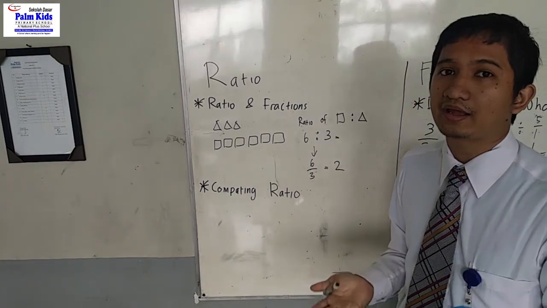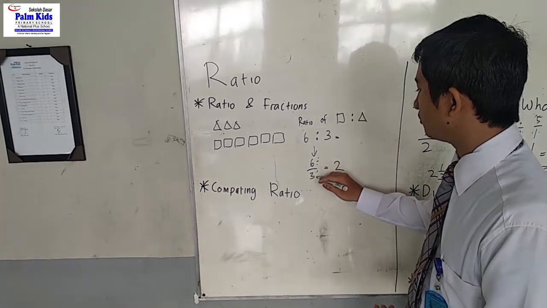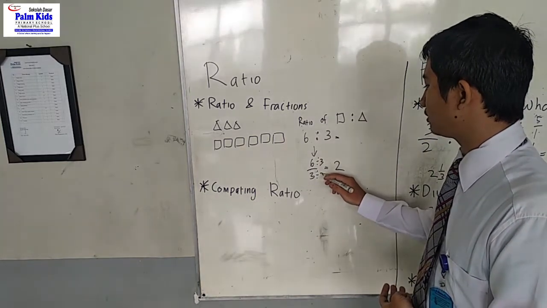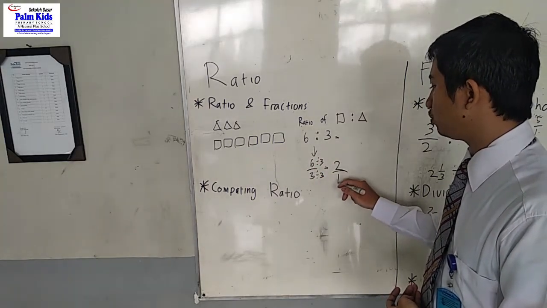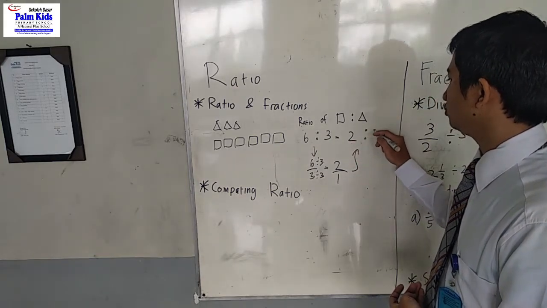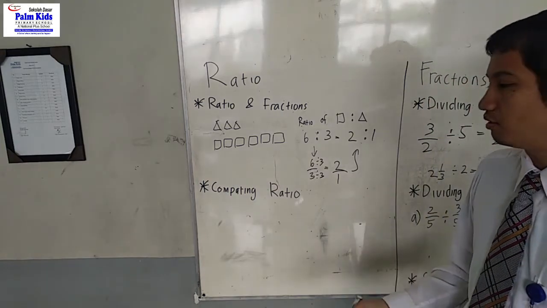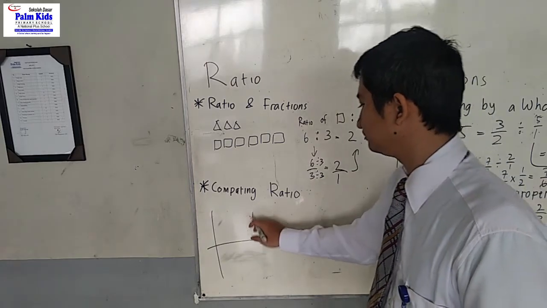That's not correct in terms of ratio. You have to make them into the simplest form, which we divide by 3. 6 divided by 3 is 2, and 3 divided by 3 is 1. So you can write this as 2 to 1. That is the ratio.